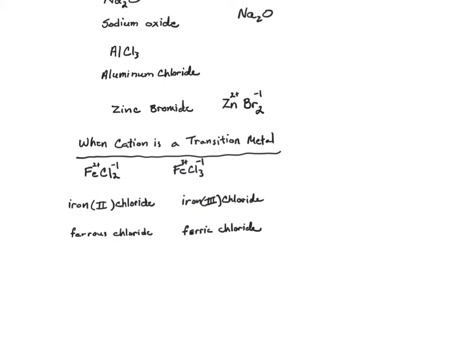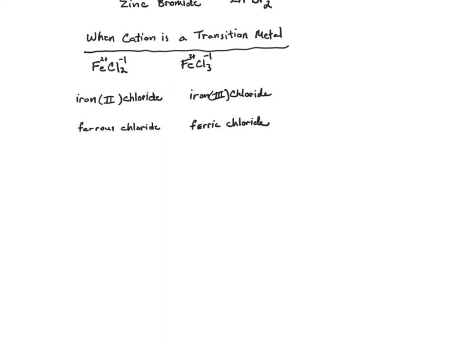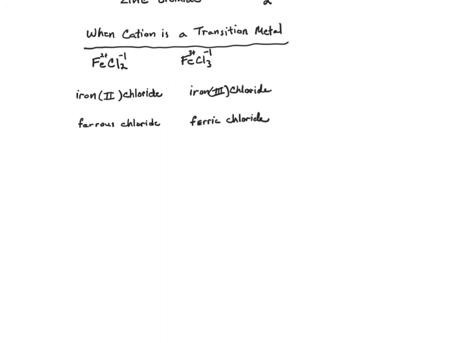Now, one more thing that we have to consider here is that there are some ions that are not monatomic. For example, chloride would be a monatomic ion. It contains only a chlorine atom. But there are some that have more than one atom, and we have plenty of what we call polyatomic ions.